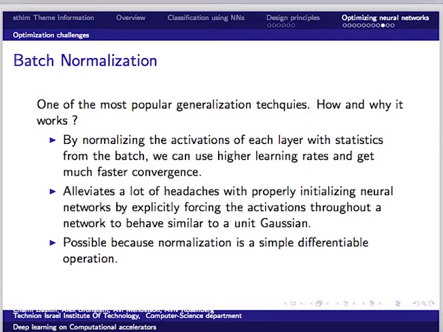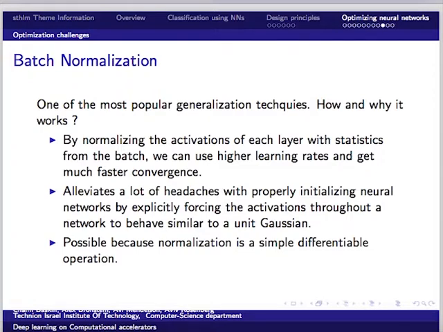There are a few explanations for why it works. It's not actually evidence, it's one of the hypotheses. It's possibly because normalization is simple and differentiable. Because its operation is differentiable, it's another parameter that we can use for our optimization, and it helps to generalize your model.